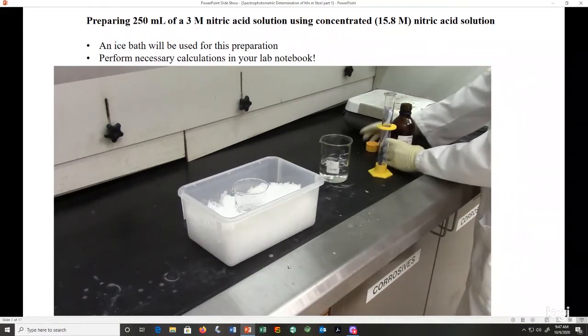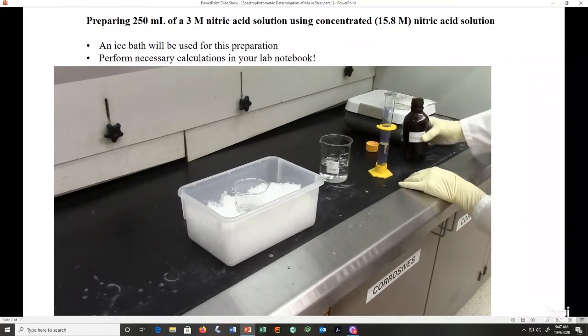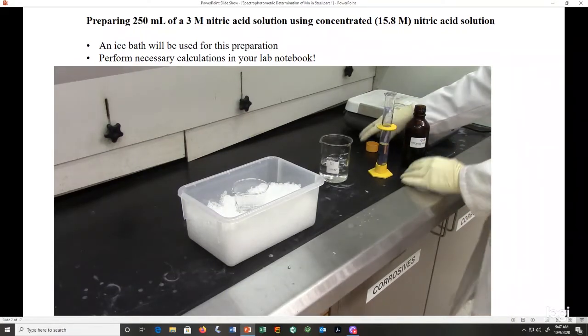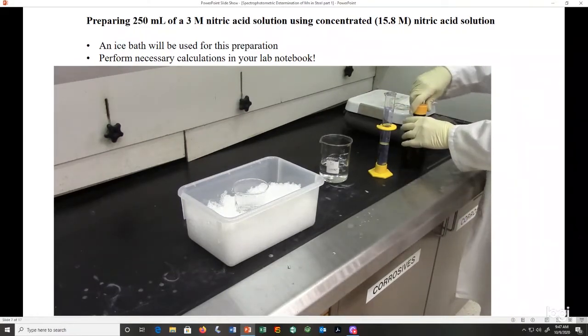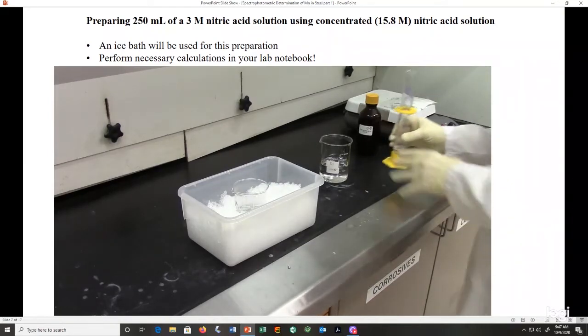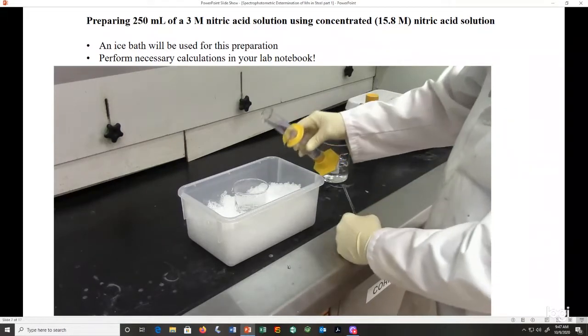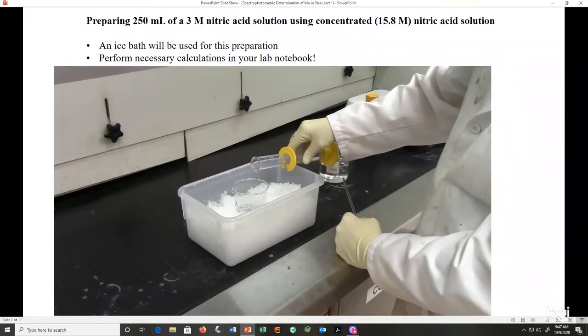And we're going to dispense out the necessary amount of the concentrated nitric acid using a graduated cylinder. Then we're going to slowly pour that into the cooled water and maybe occasionally stir it and just monitor it to make sure it doesn't look like it's heating up to an excessive level.